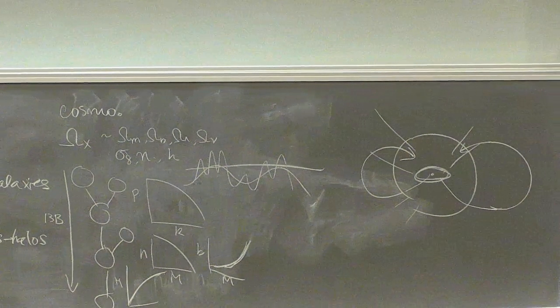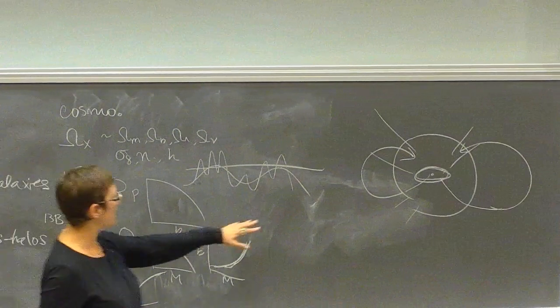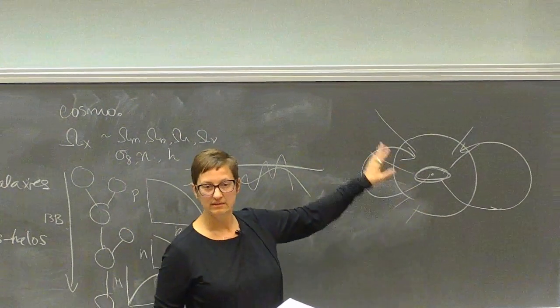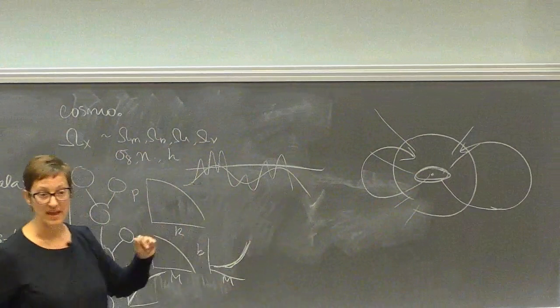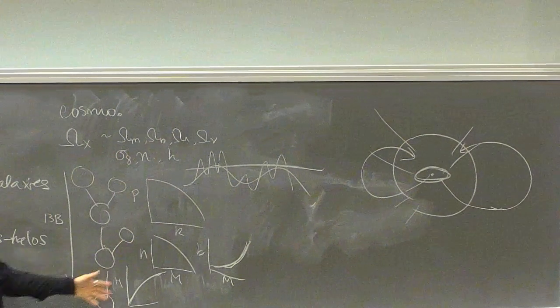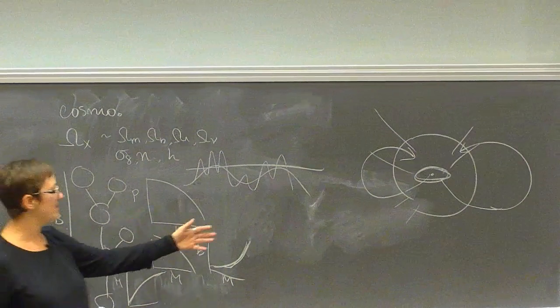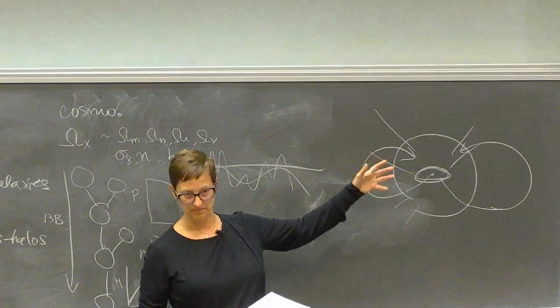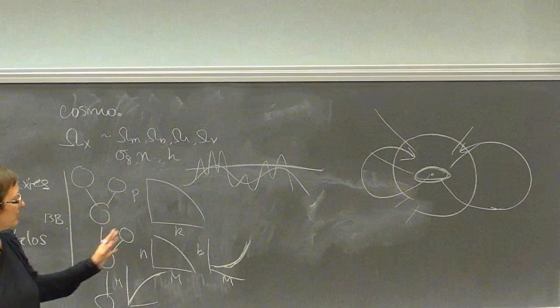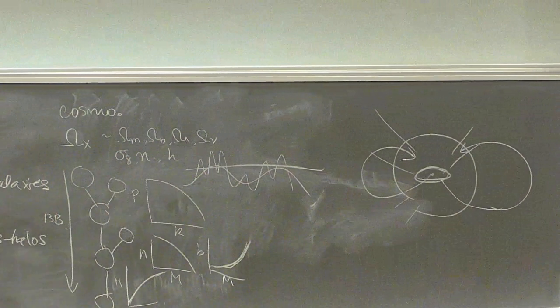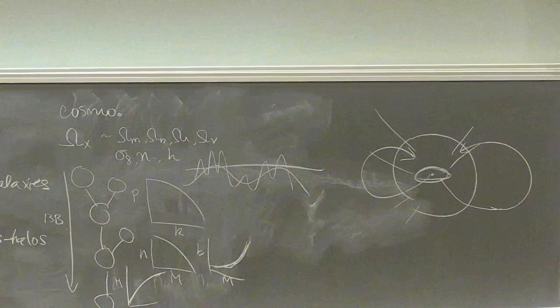If at the simplest level you thought that the star formation rate was driven by gas accretion into the halo, then the gas accretion history should basically trace how the mass comes in, and that might tell you something about the star formation. So these are really intimately connected, the structure formation and the galaxy formation.